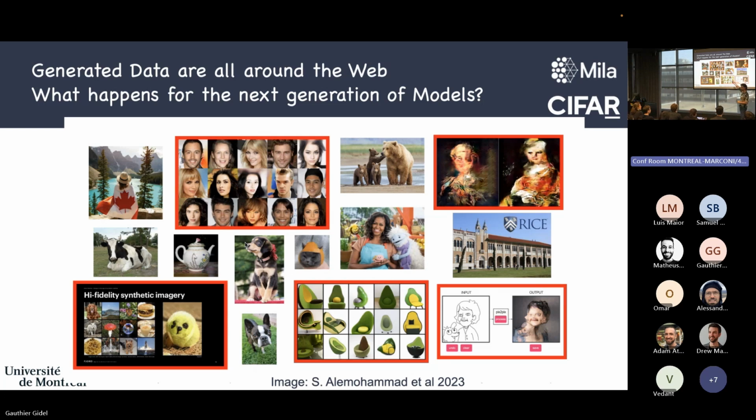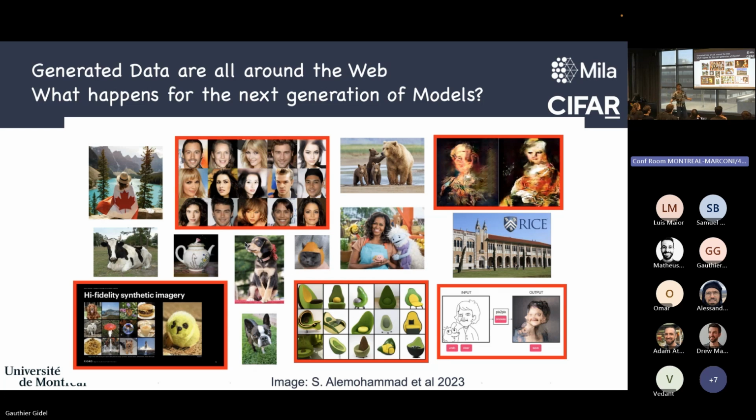This is the very famous avocado chair generated by DALL-E, which was the beginning of large models being able to generalize. We ask them to create something that has never been created before. And the design of the avocado chair is somewhat convincing. So this is purely generated, and this is somewhat good. There are also some bad generated pictures from previous models. But yeah, long story short, generated data are all around the web.